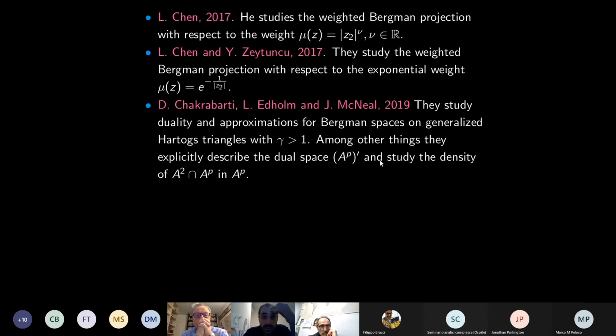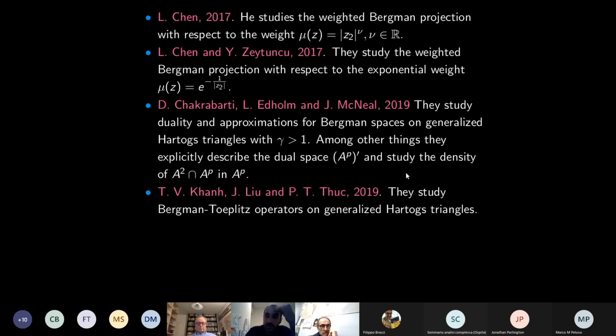They explicitly describe the dual space of A^p. This dual space, A^p prime, in general does not coincide with the expected A^q, and this is also due to the fact that the Bergman projection is not bounded. But they explicitly describe it, and they also study, when I say approximation, the density, for instance, of H^2 intersected with A^p in A^p, and problems like that.